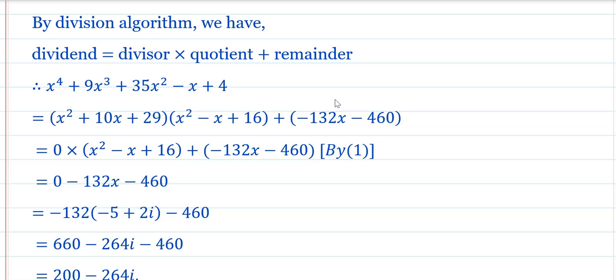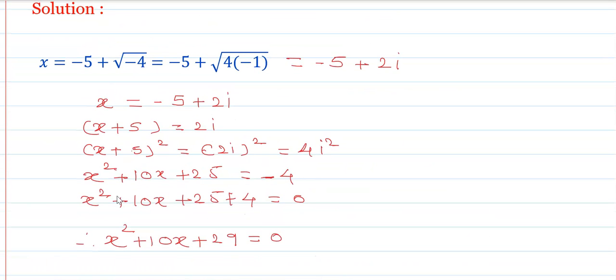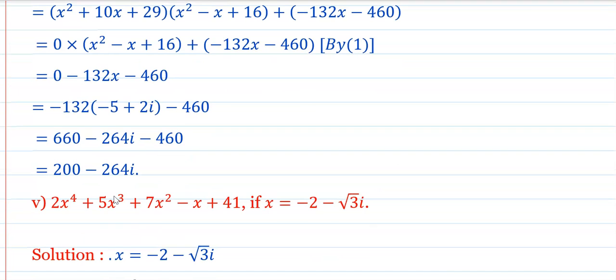See this here, minus 132x minus 460. Next we will substitute the value of x. The x is equal to minus 5 plus 2i. Therefore minus 132 in bracket minus 5 plus 2i minus 460. Again multiplication: minus minus will become plus, 132 into 5, 660.